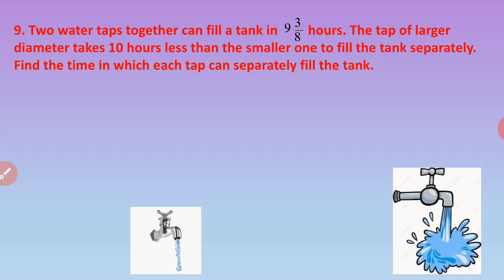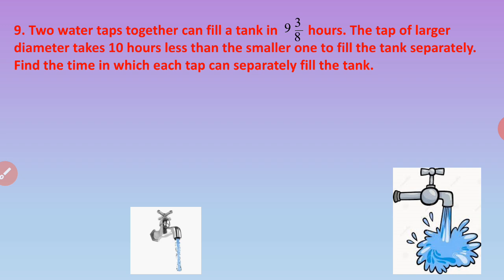We have to find the time taken by each of them. But what information is given to us? It is told that when both the taps work together, then they fill the tank in 9 3 by 8 hours. So we are going to use that fact.